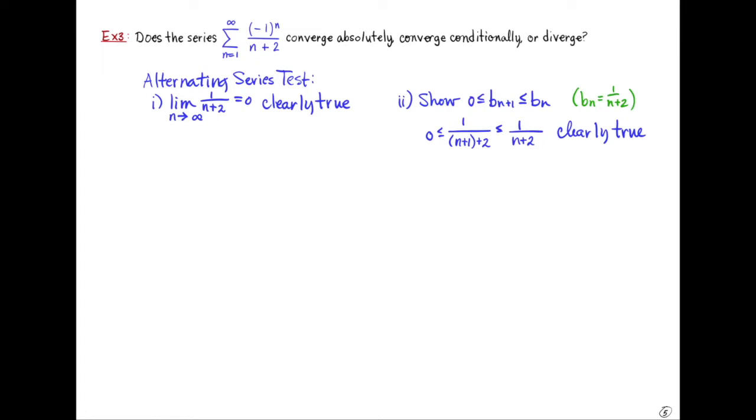And so for our conclusion, we have, since the limit as n approaches infinity of 1 over n plus 2 is 0, and 0 is less than or equal to 1 over n plus 3, less than or equal to 1 over n plus 2 for all n greater than or equal to 1.